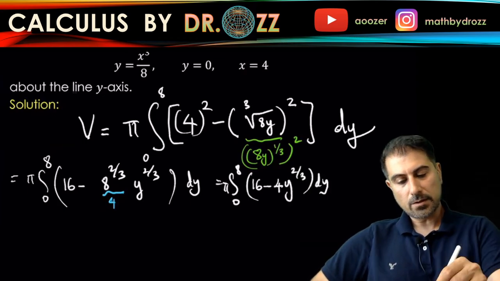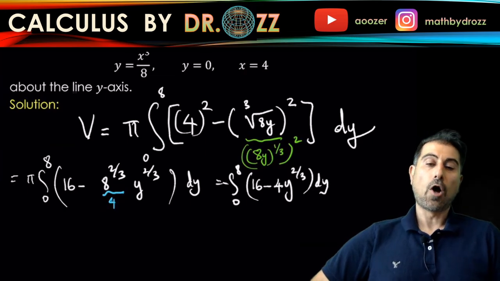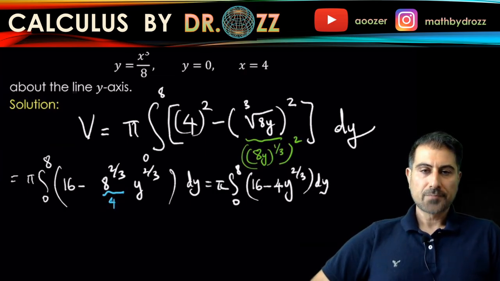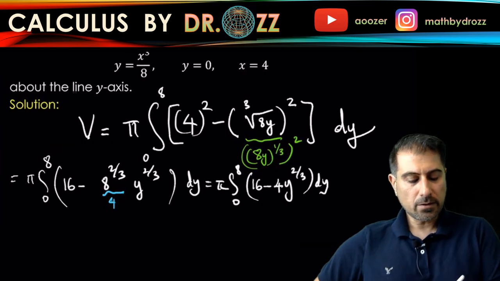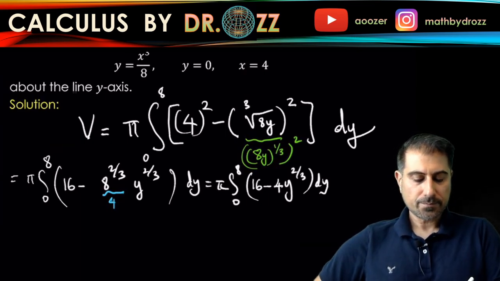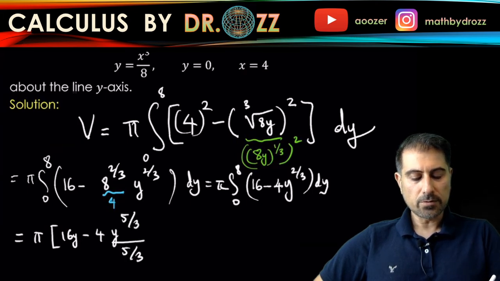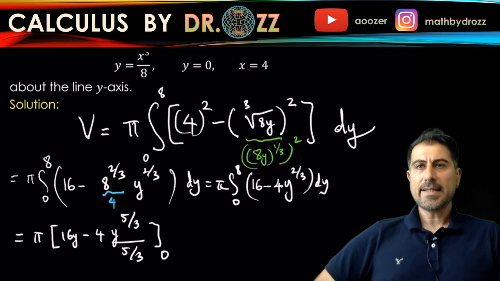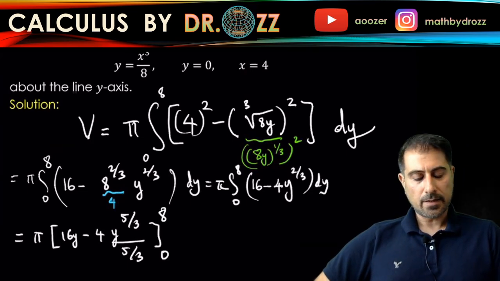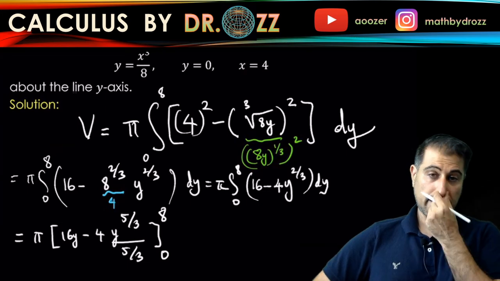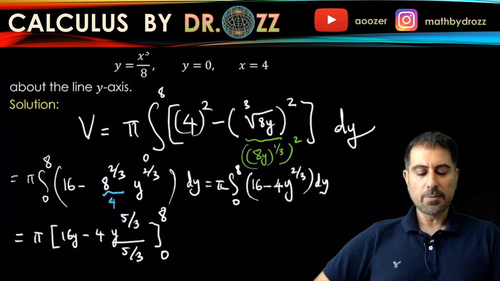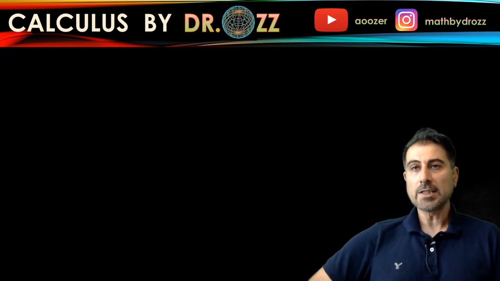Let me write this in a cleaner way. Right now I'm going to handle this definite integral. So pi times 16y minus 4 times y to the power of 5/3 divided by 5/3, from 0 to 8. Next you plug in the upper limit and the lower limit and subtract. If you plug in 0, you get nothing, because y to the power of 5/3 for y equals 0 is 0, and 16y is already 0.